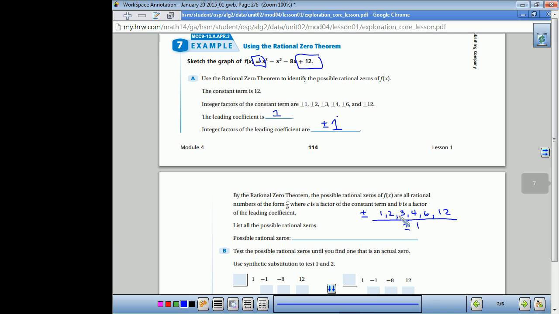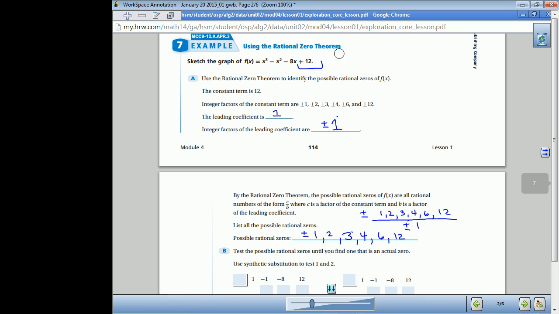If we divide by positive or negative 1, does it change the list at all? No. So this list: plus or minus 1, plus or minus 2, plus or minus 3, plus or minus 4, plus or minus 6, plus or minus 12. If there is a rational root to this function, it's in this list. All rational roots are listed right in there.